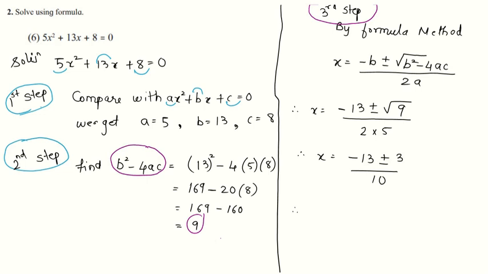Therefore, x is equal to minus 13 plus 3 upon 10, or x is equal to minus 13 minus 3 upon 10. Solving this further, I will just write it down again.